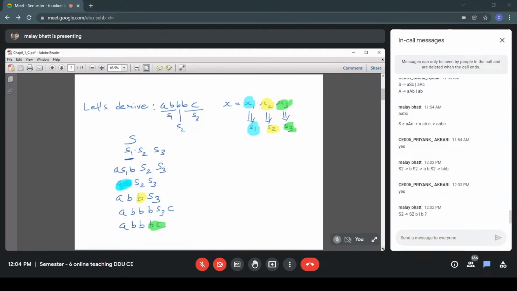And then from S1, using several steps, you can see a star, using 0 or more steps, you are able to derive X1, and then from S2, using 0 or more steps, you are able to derive the X2 part. This is how we are able to derive the string.